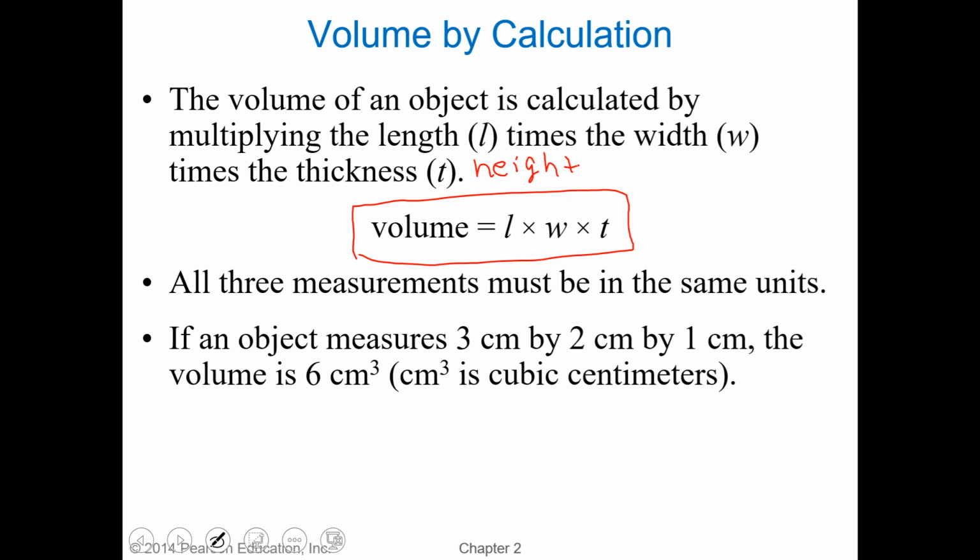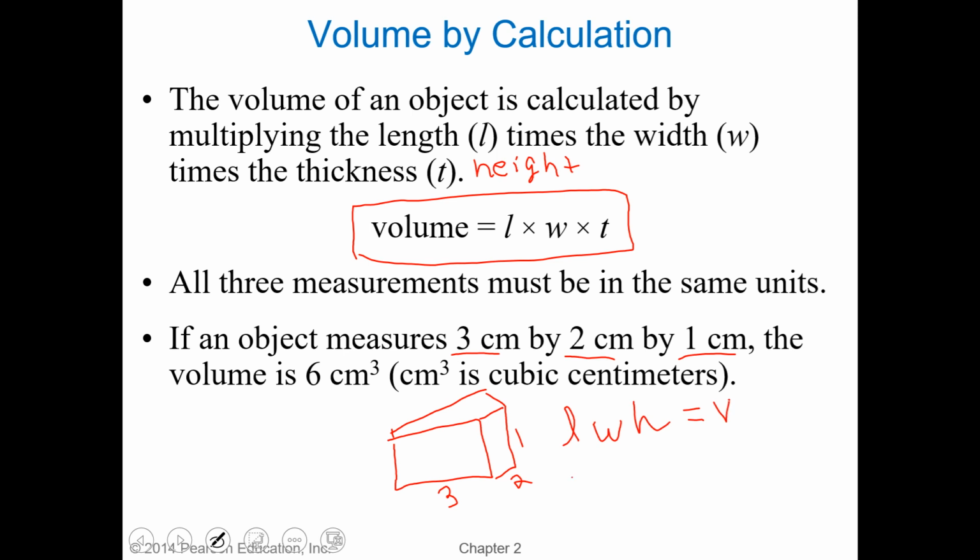So if I have some object that's 3 centimeters by 2 by 1, my beautiful cube there, beautiful cube. We're going to pretend it's even. If I said it was 3 by 2 by 1, what we're saying is length times width times height is our volume.